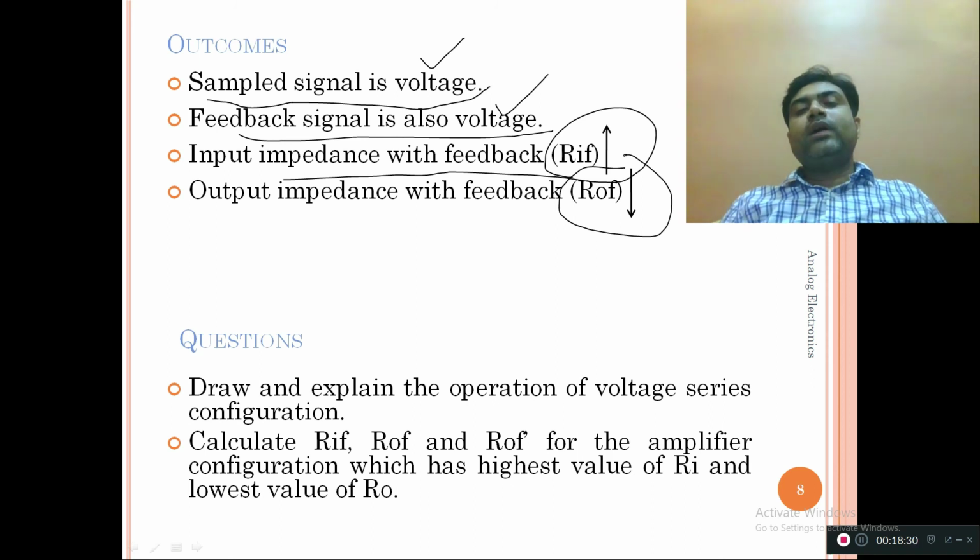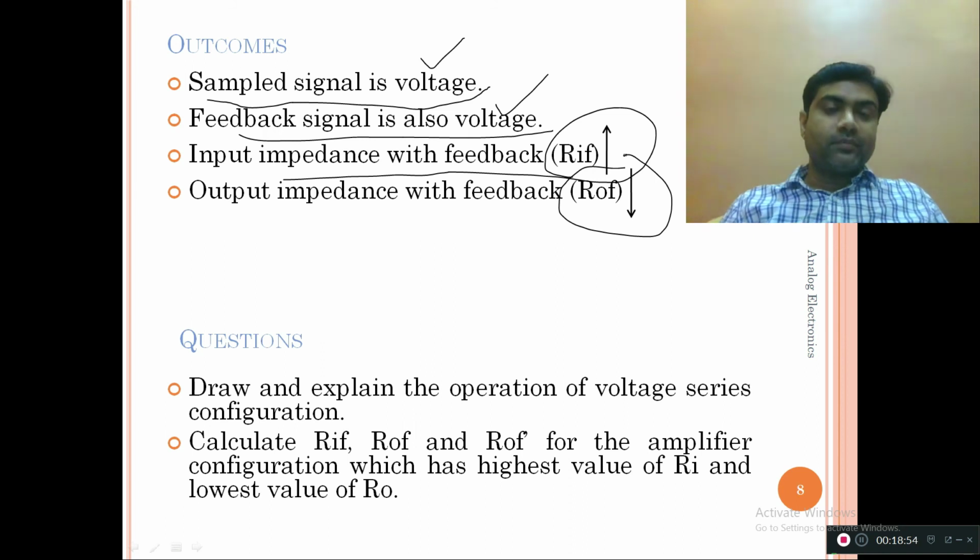Why are RIF, ROF, or input and output impedances important to consider? Because in any kind of analog network or electronic circuitry, it is very important to know the impedance characteristics of that particular circuit. When we connect a number of electronic circuits in cascade, if we do not know the input and output impedances, it may lead to a hazardous condition.